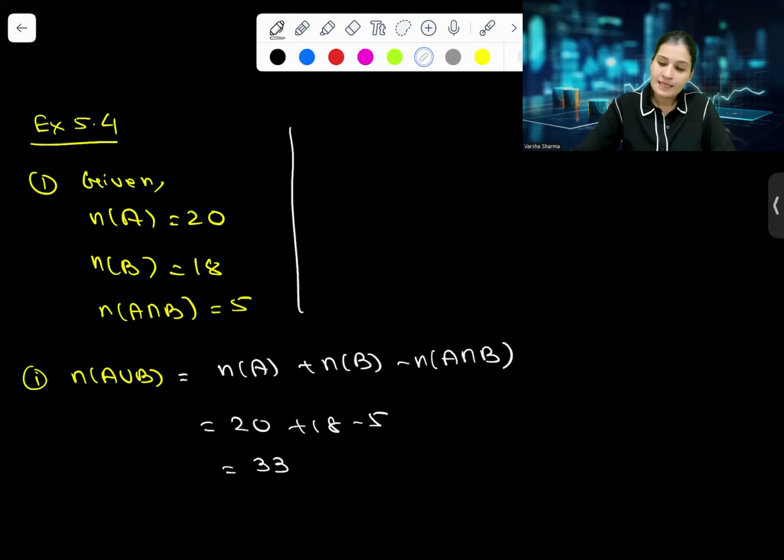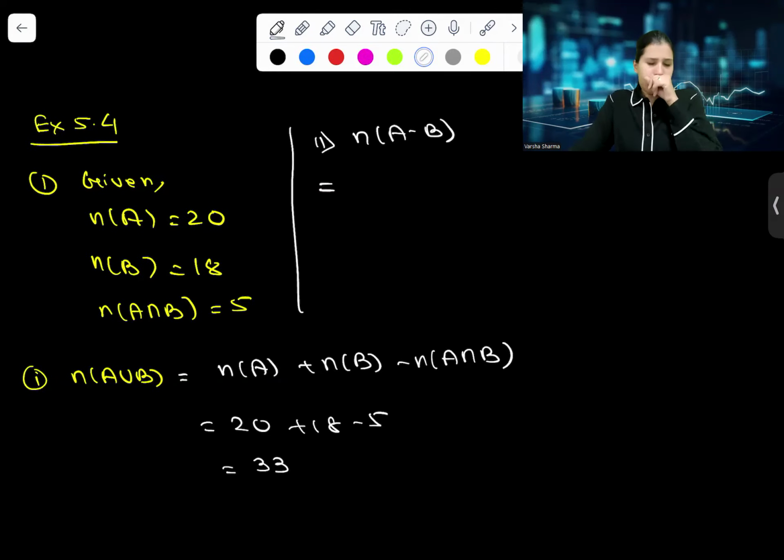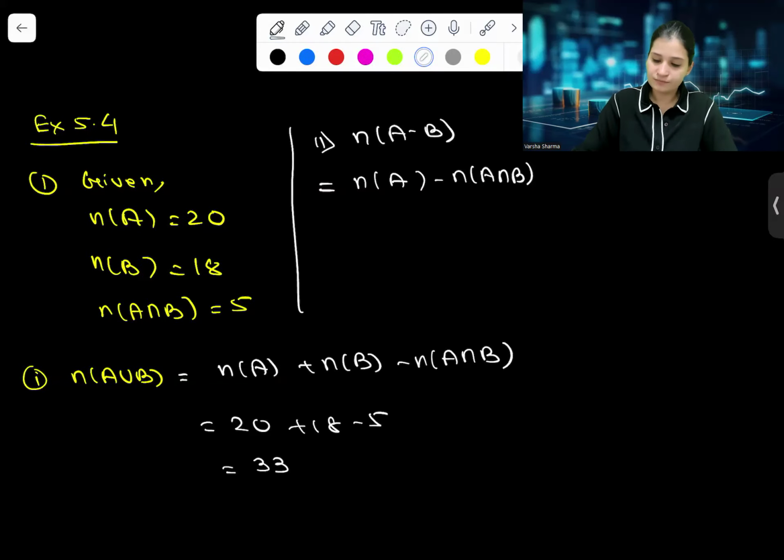Second, cardinality of A minus B. How do we find A minus B? From A, subtract the intersection.